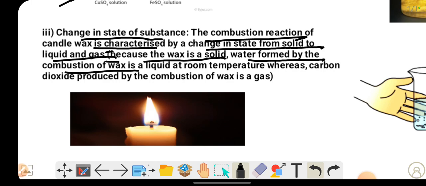Water formed by the combustion of wax is liquid at room temperature, whereas the carbon dioxide produced by the combustion of wax is a gas. Here, when we burn a candle, the wax melts into a molten state and the release of carbon dioxide takes place.